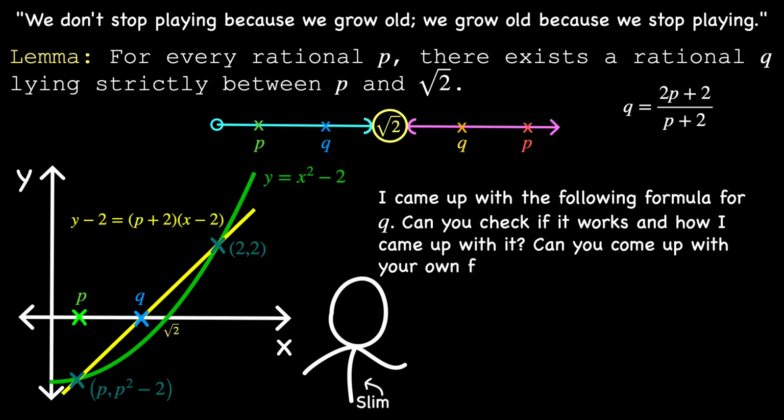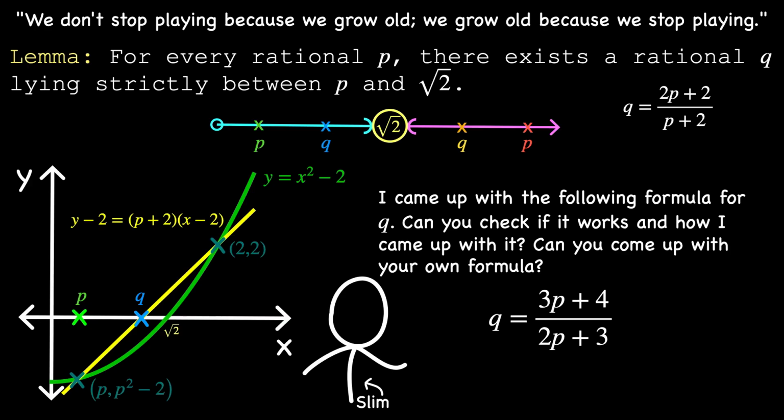And speaking of different paths, guess what? While pondering this problem, I stumbled upon another formula for q that also fits the bill. Picture this other solution: q equals (3p plus 4) over (2p plus 3). The question is, can you detectives out there figure out if this new formula works its magic?